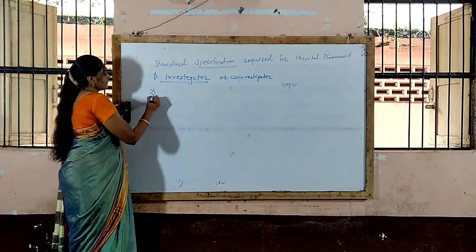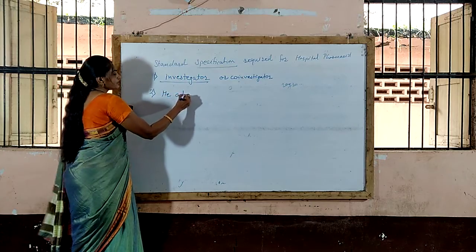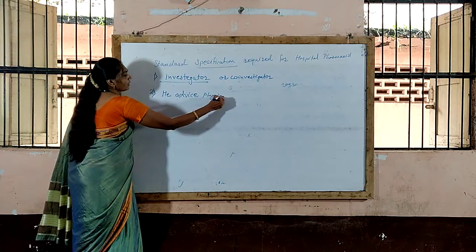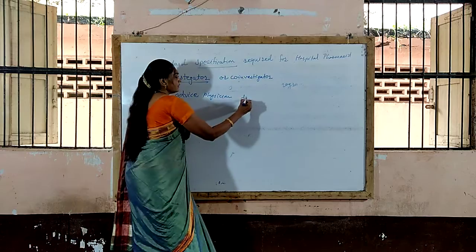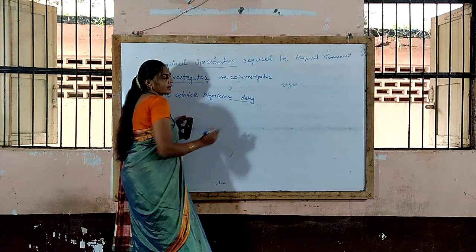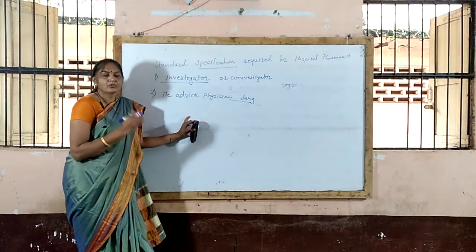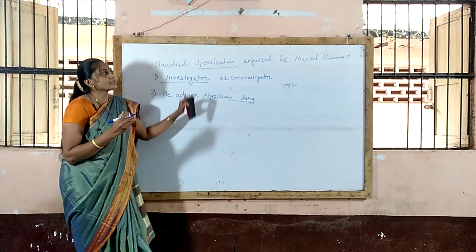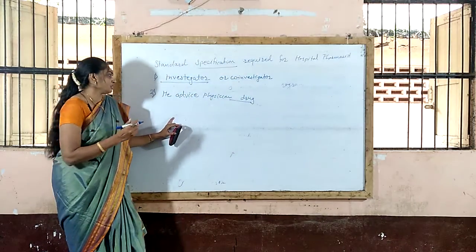Second, he will give advice to the physician about the drug, dosage form, calculation of the dose of the drug, posology of the drug, and toxicology of the drug. This advice is given by the hospital pharmacist to the physician.